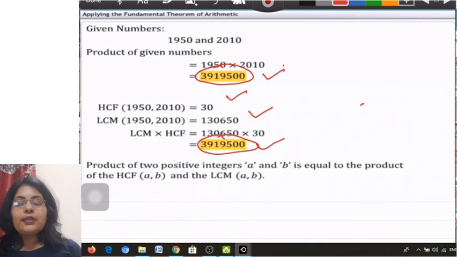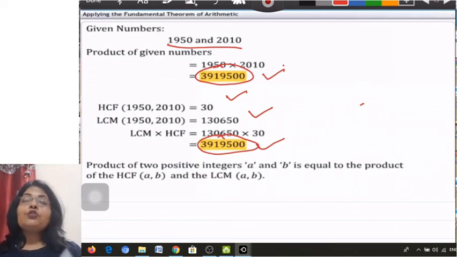So this rule is that the product of the two numbers is equal to the product of their LCM and HCF. But this rule only applies to two numbers. We cannot use this for three numbers. This should always be kept in mind.